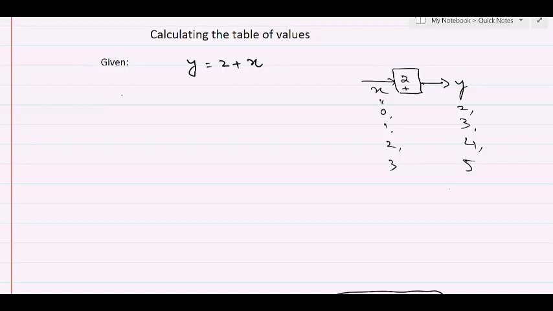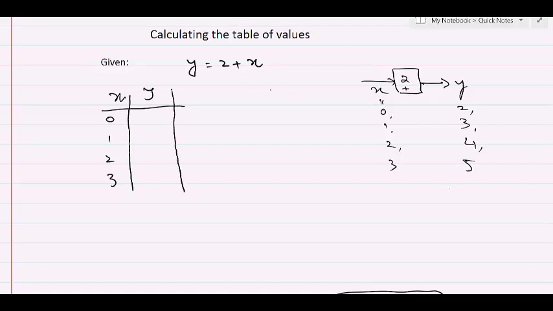Because x is an independent variable, we have the freedom to choose values of x, whatever we want. So let's choose a few values of x here: 0, 1, 2, 3, and we are to find out the values of y.